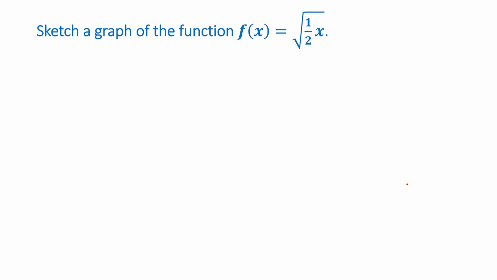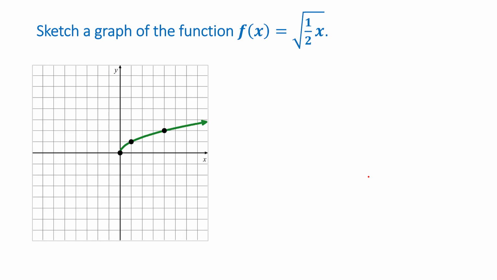Now we're going to be working in the horizontal direction. So we're looking at transformations that stretch or compress a graph in the horizontal direction. And we begin with f of x equals square root of 1/2 x. We'll again use y equals square root of x as our parent function here.